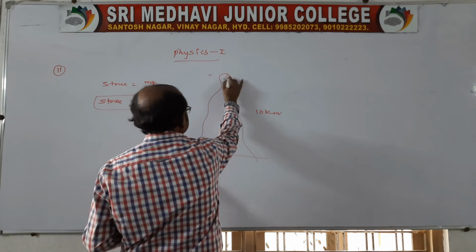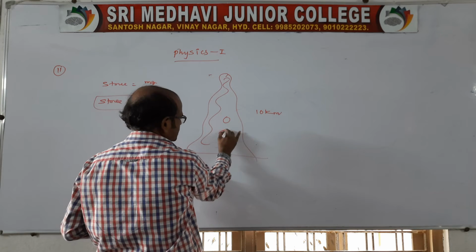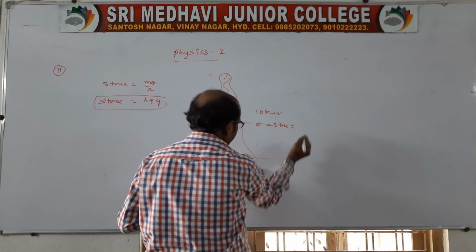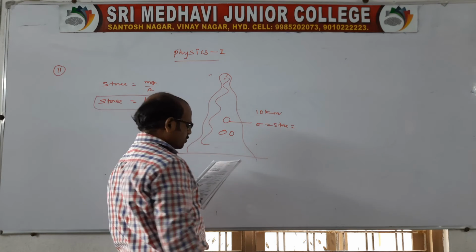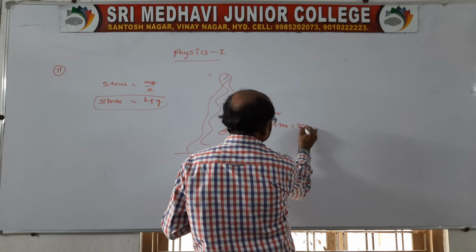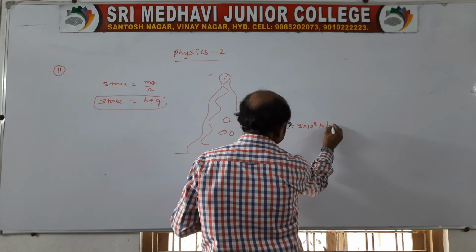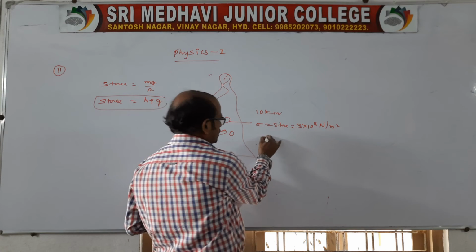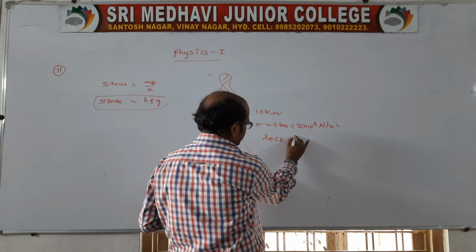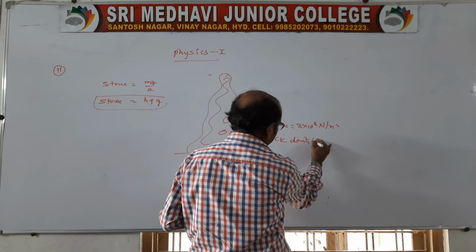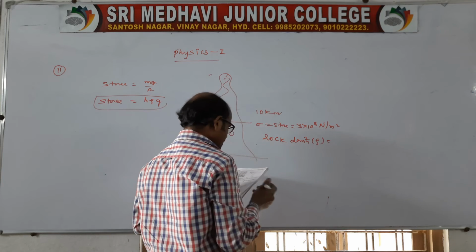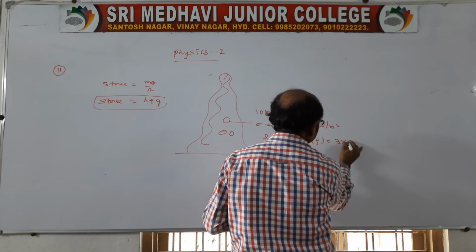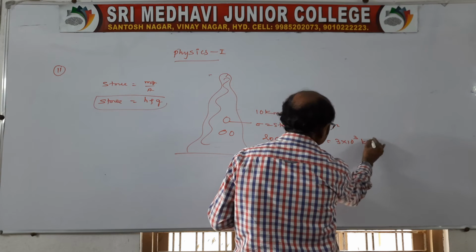Here the mountain consists of rock. For the rock, the stress value or yield point is 3 into 10 power 8 Newton per meter square. And the rock density, rho, is given as 3 into 10 power 3 kg per meter cube.